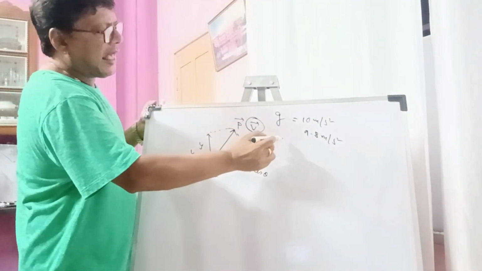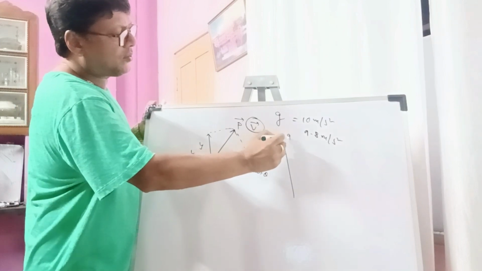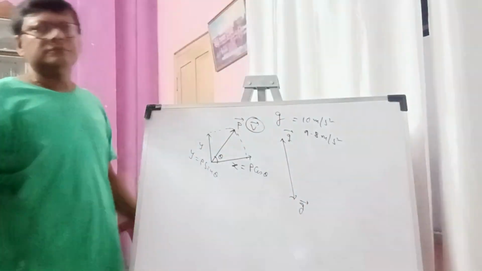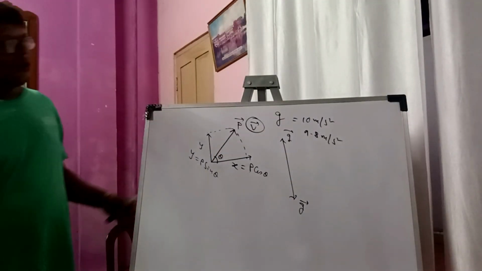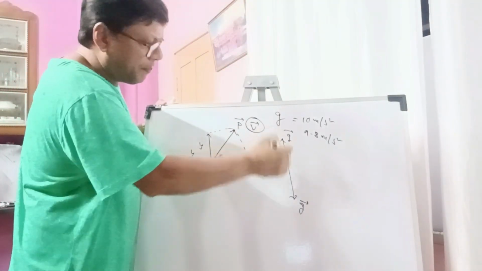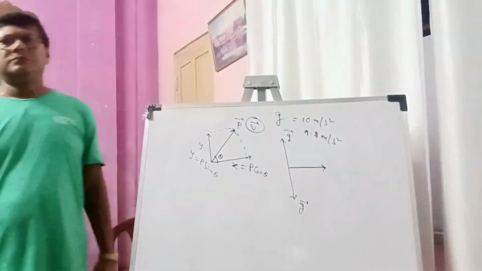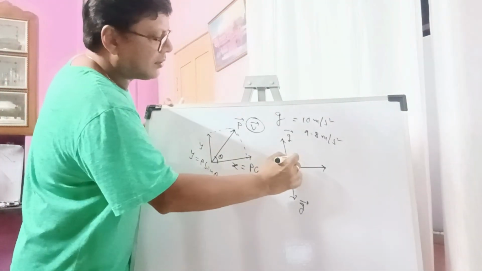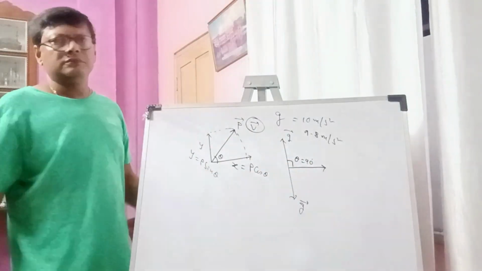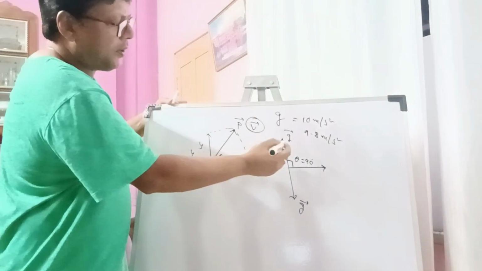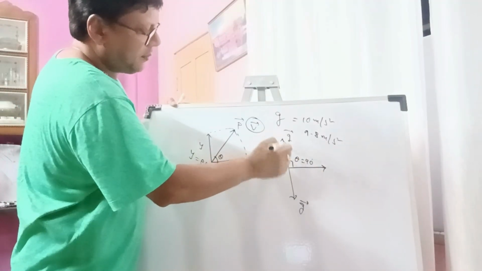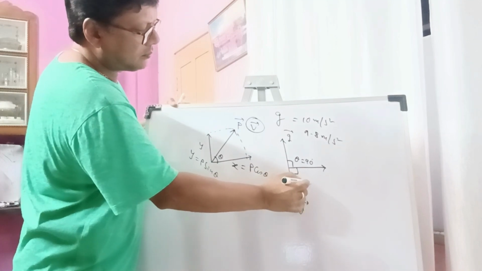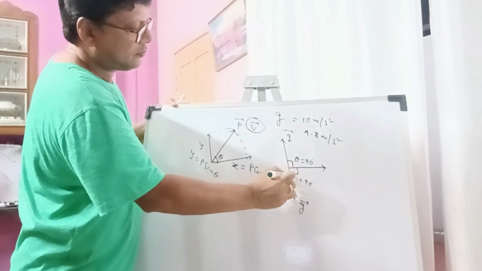Anyway, g is acting vertically, maybe upwards, maybe downwards, and g is acceleration due to gravity, so it's a vector quantity. If you want to make a component perpendicular to g, in this direction, that means this angle theta equals 90 degree here. Theta equals 90 degree here also.